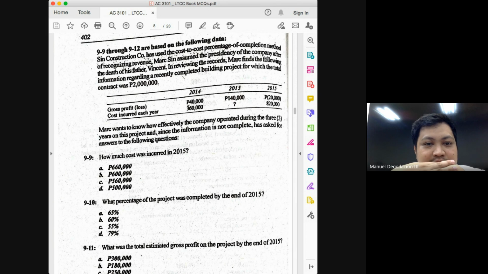How much cost was incurred in 2015? First, class, how much do you think is the cumulative profit in 2015? 180. Okay, 140 this year and 40 last year.